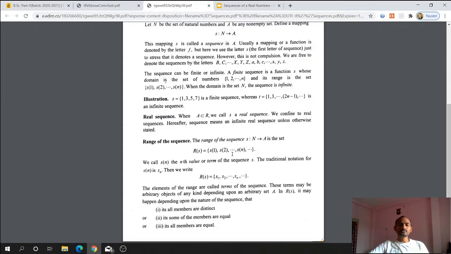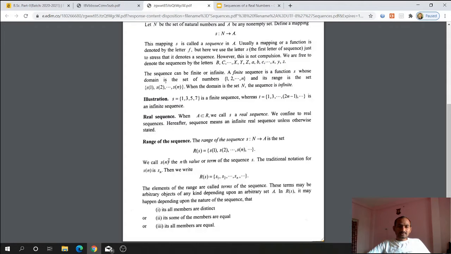We call S of n the nth term of this sequence. There are infinite elements in this sequence. So this is your first term, this is your second term, and so on. This is your nth term, and so on.